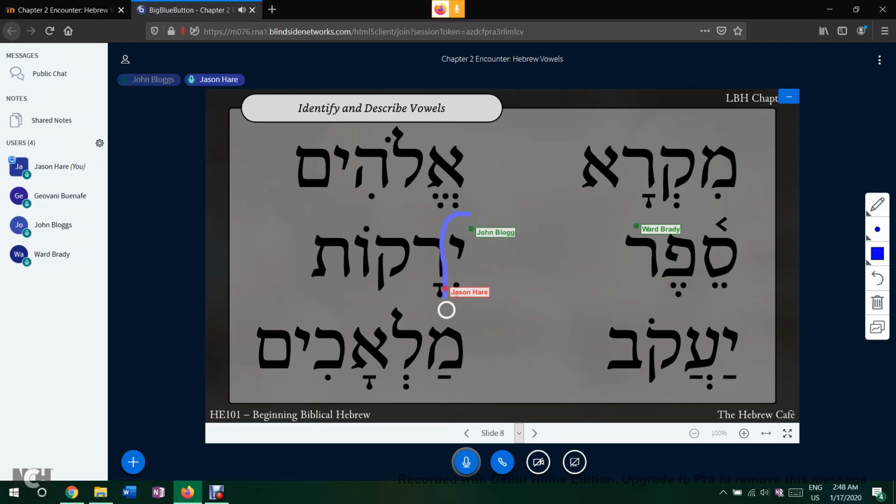This is at the beginning of a word, so the shva is vocal. Yerakot. Okay, fantastic. Yerakot means vegetables.